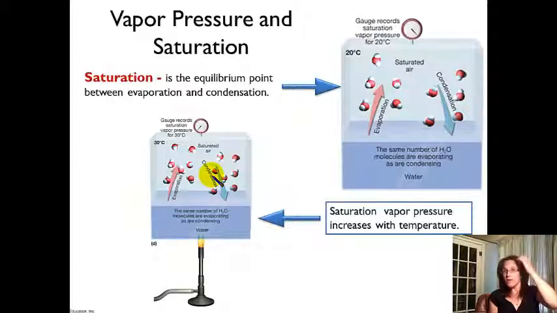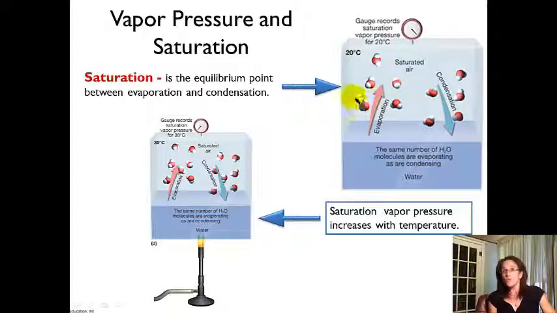Now, there's another condition that we need to be able to explain before we can do relative humidity, and that is the notion of the air being completely saturated or reaching the point of saturation. And this is when the air is at equilibrium with the water.